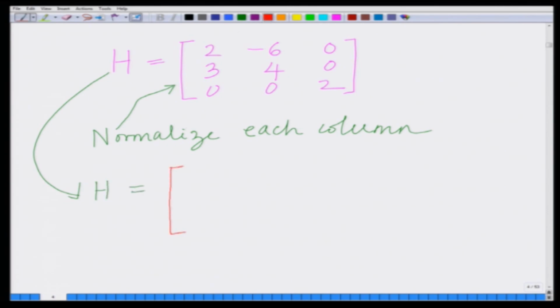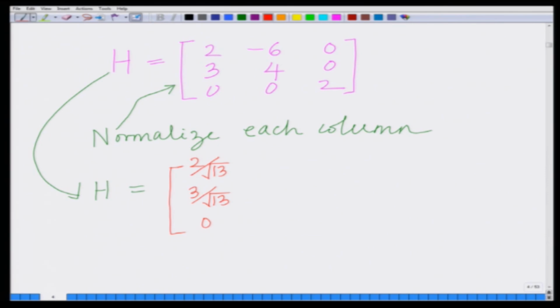Therefore, I will have H equals the first column divided by the norm of the first column. The norm of the first column is square root of 2 square plus 3 square plus 0 square, that is square root of 4 plus 9, that is 13. So, divide by the square root of 13. So, I have 2 divided by root 13, 3 divided by root 13, 0 divided by root 13, which is 0.